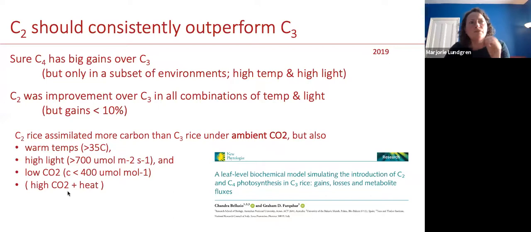But the benefit at warm temperatures with C2 photosynthesis is so strong that even under the higher CO2 you're going to see with climate change, C2 rice is still winning out. C2 rice is still worth our time, basically. So that's the outcome of this paper, that it might be worth looking at C2 rice. That is promising, considering I'm dedicating my life to it.